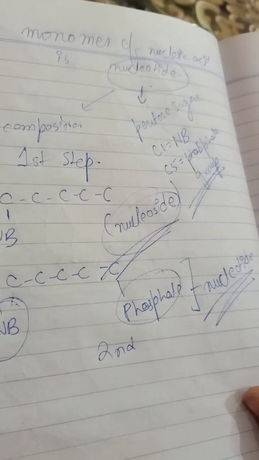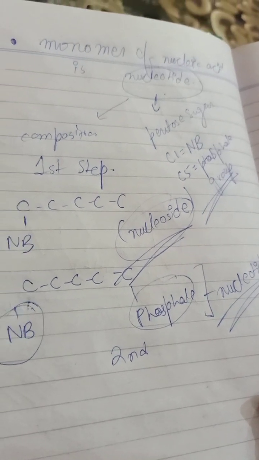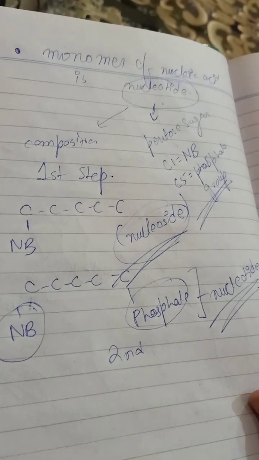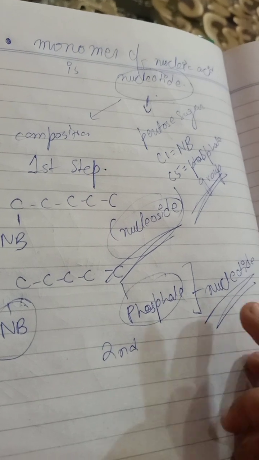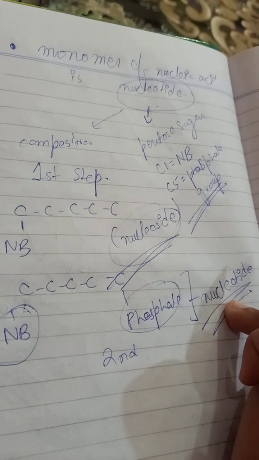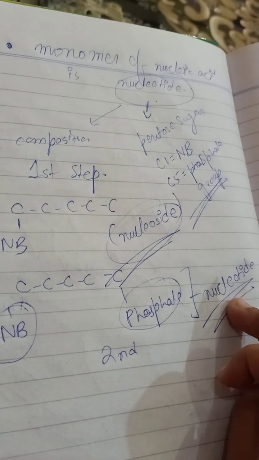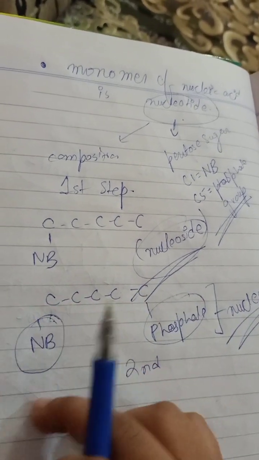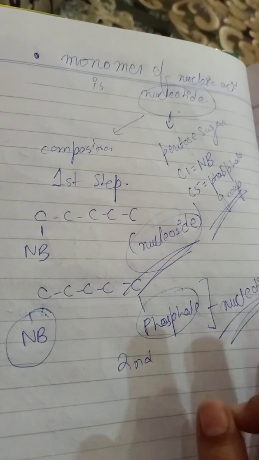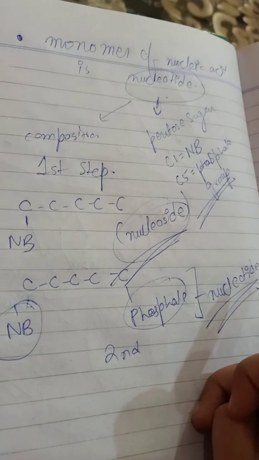That's the difference between nucleotide and nucleoside. The second step is the nucleotide, in which the nitrogenous base and the phosphate group are both there.